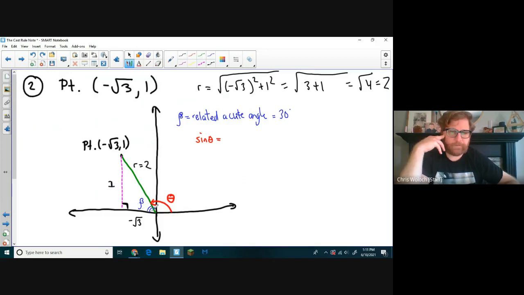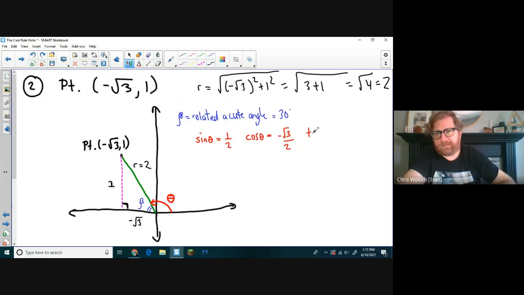From my related acute, sine theta is y over r, so 1/2. Cos theta is x over r, which is negative root 3 over 2. And tangent of theta is y over x, so 1 over negative root 3.